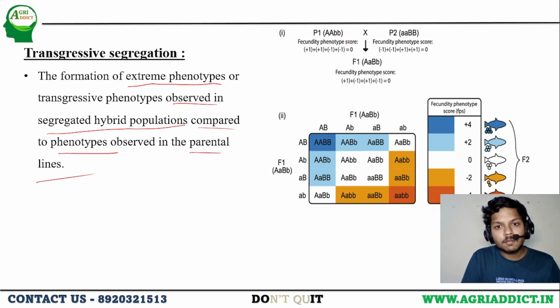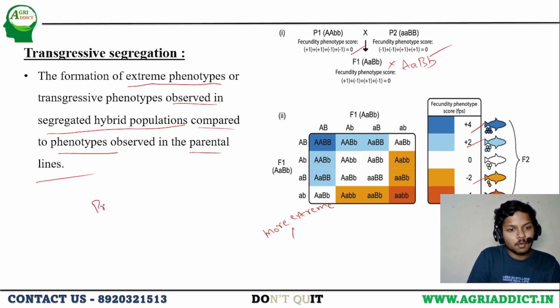Here you can see, in one parent the score is 0, in the other parent the score is 0, but when the F1 is crossed or selfed, we can get the score as +4, -4, +2, -2, etc. Meaning the progeny have more extreme characters than the parents. Progeny, greater expression than parents. This we call transgressive segregation.